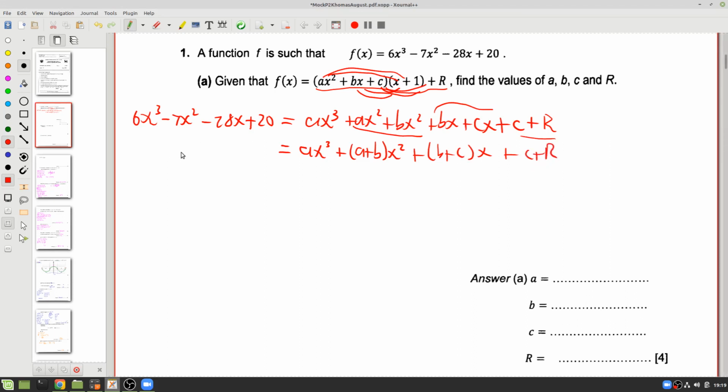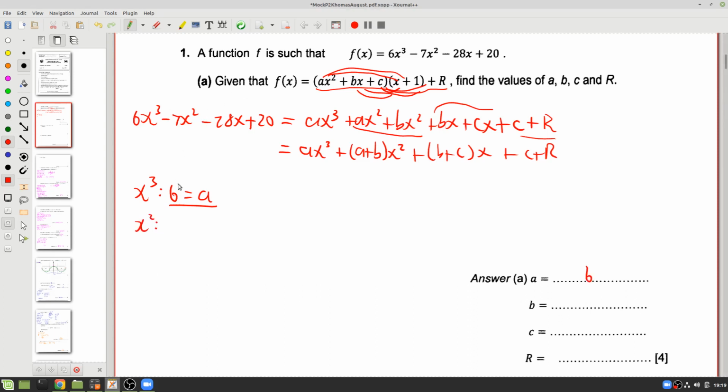Great. So all we need to do now is equate the coefficients of x cubed with the coefficients of the x squareds, etc. So for the x cubes, we have over here 6, and that must be equal to the x cubed coefficient here, which is a. Oh, perfect. So we already have the value for a. So that is 6. And then we can look at the x squareds.